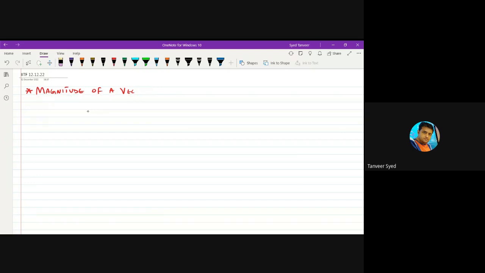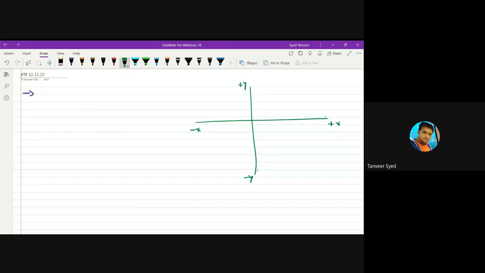I think you better get this clarity, then we will discuss this null vector. See, positive x-axis, negative x-axis, positive y, negative y.